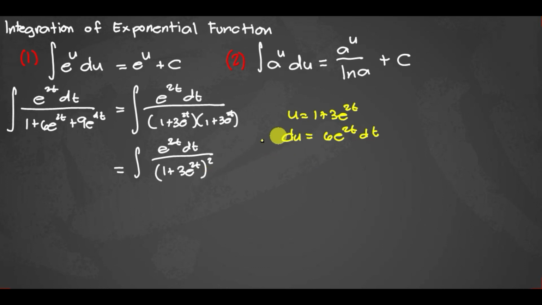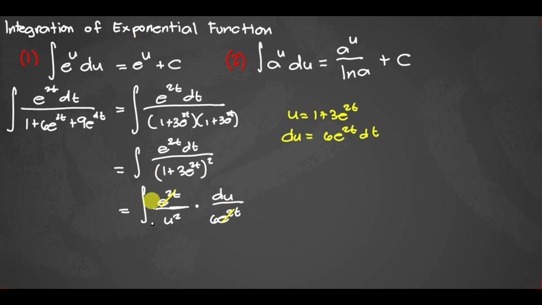Then we substitute our newly assigned variable into our equation, and this becomes the integral of e raised to 2t all over u squared multiplied by dt. We take the reciprocal of this term, so we will have du all over 6e raised to 2t, and we can cancel out the e raised to 2t.